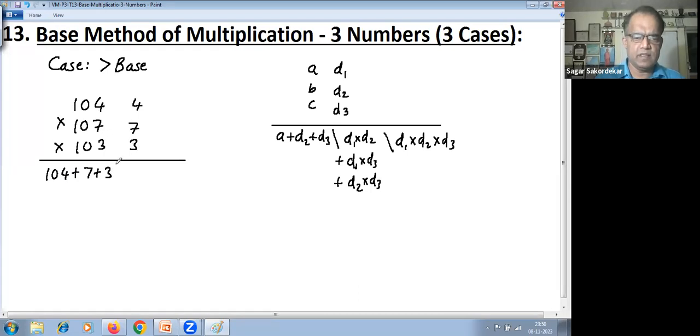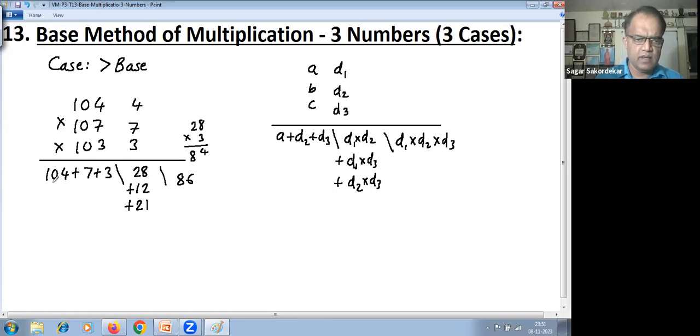Then multiply all combinations: 4 into 7 is 28, plus 4 into 3 is 12, plus 3 into 7 is 21. Next, 4 into 7 is 28, 28 into 3 is 84.